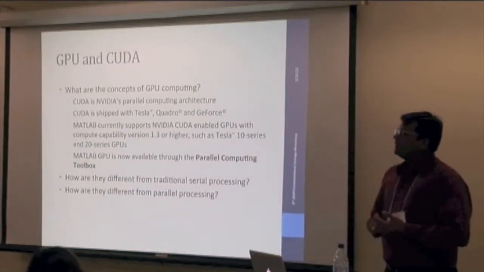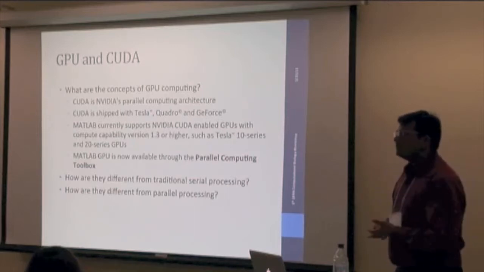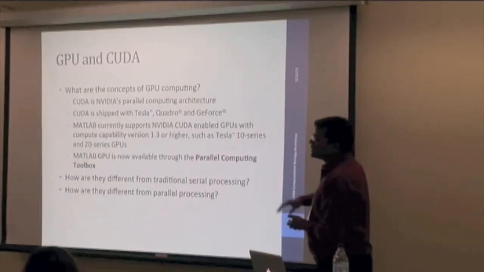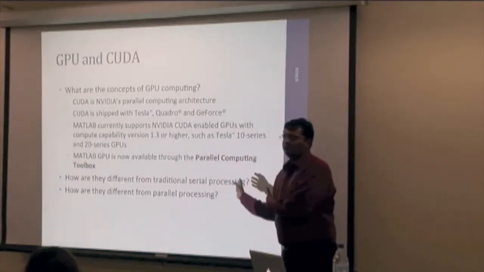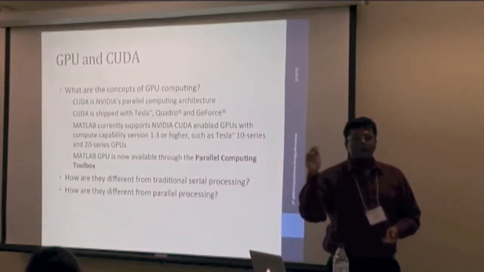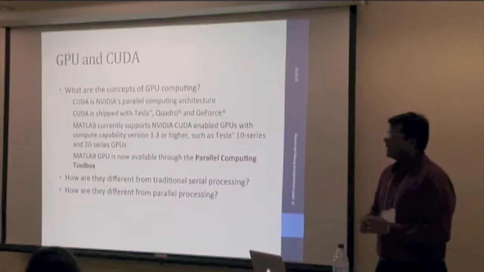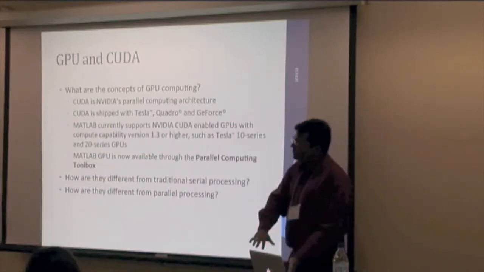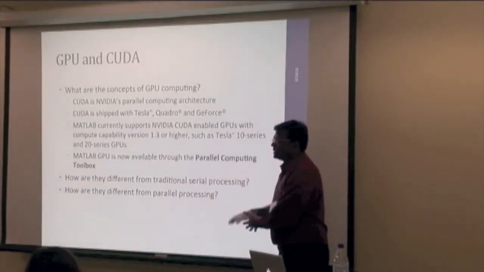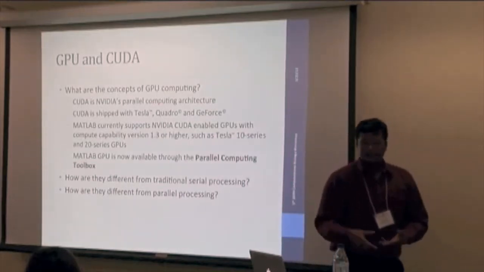Now, Matlab has something called the Parallel Computing Toolbox. This toolbox is moving towards the GPUs, where you can invoke all the parallel commands with a simple GPU command before it. So they're moving right from a distributed environment directly onto the GPUs, so that can be exploited.